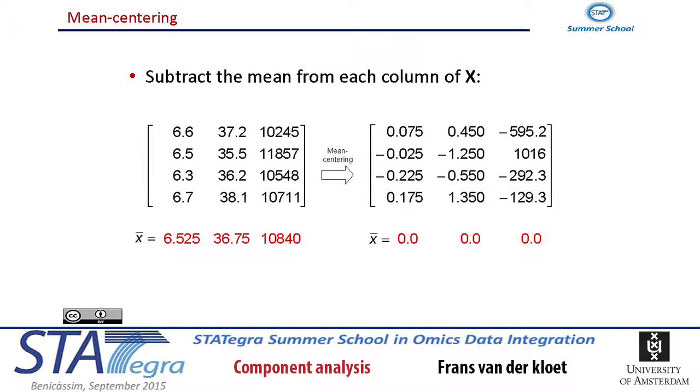So there's a couple of ways. Mean centering is a very commonly used method. What we do is we determine the average of every column and we subtract it, and then we end up with a data matrix that we can work on, and every average here is 0.